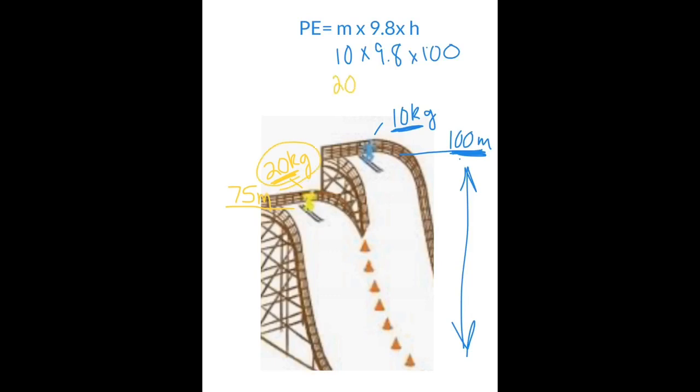So 20 kilograms times 9.8 meters per second squared. That's supposed to represent gravity, by the way. That's the rate that things fall. But I said for him, he's 75 meters up. So when you do the math, whichever one has the higher number has the greater potential energy. So you let me know which one has the greater gravitational potential energy.